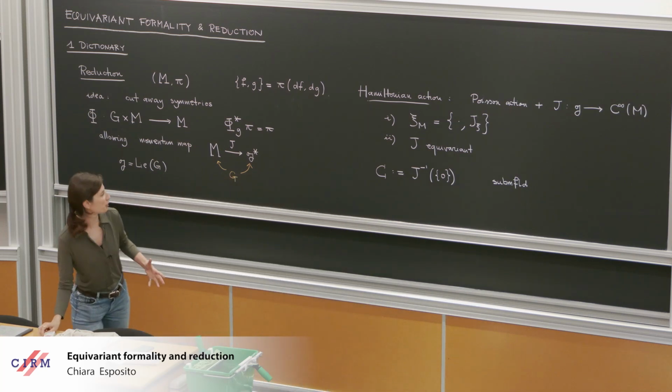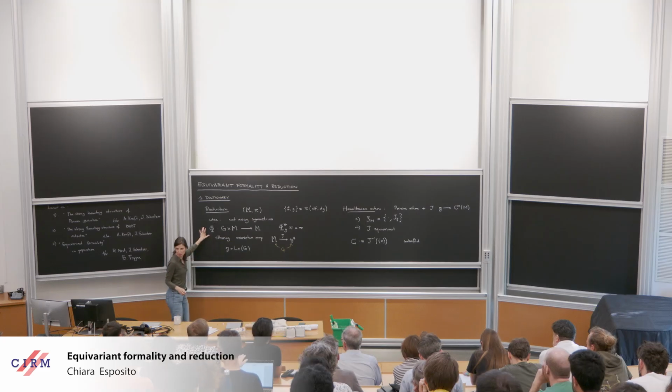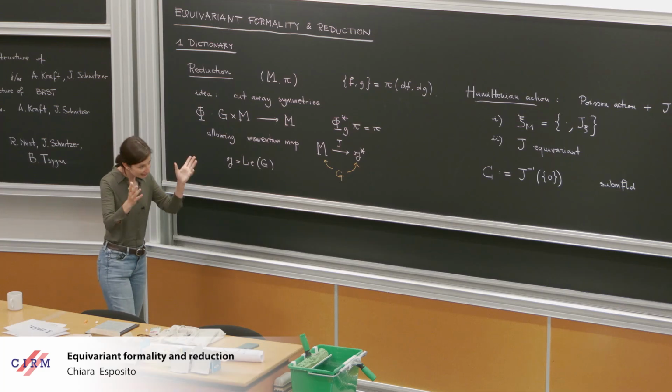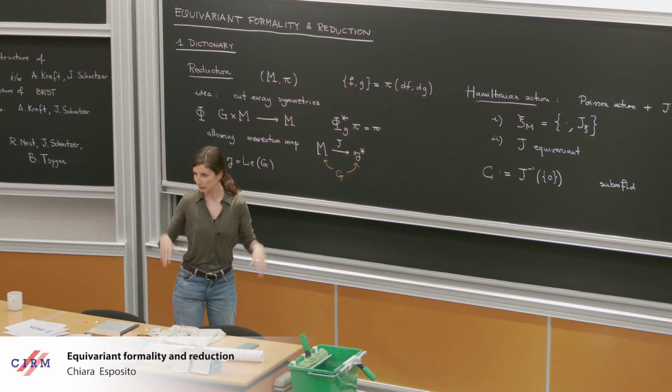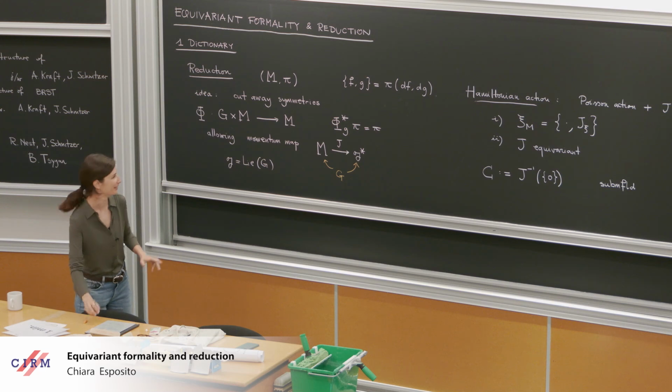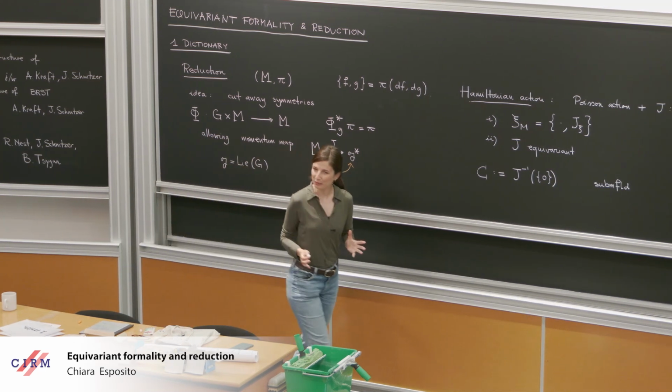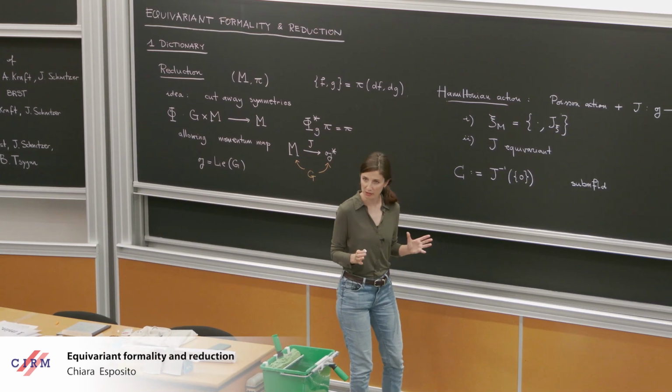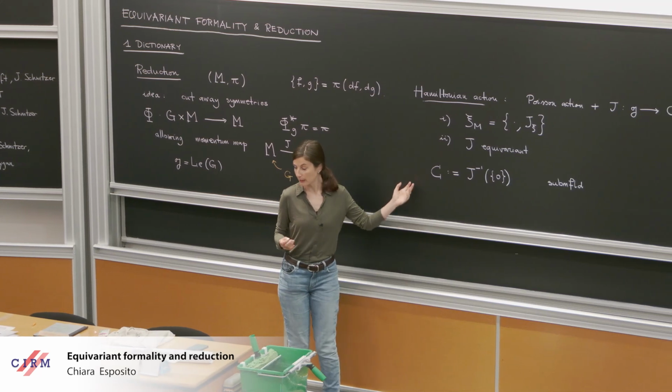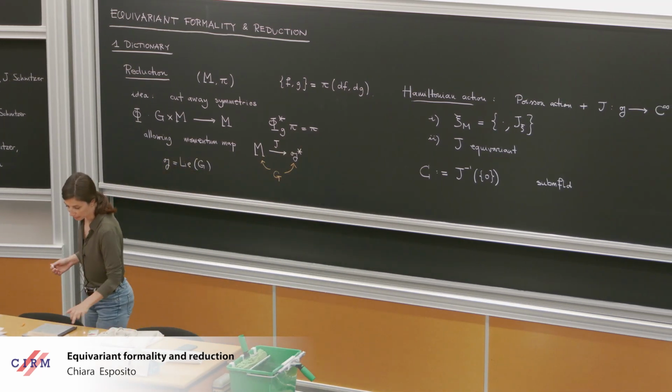Well, I'm cheating a little bit, of course. I have to be careful with the action. I have to ask some topological things like properness, otherwise the orbit space can be completely nuts. We don't want that. But under suitable assumptions, everything works pretty nicely. We have a submanifold, and we can perform reduction.